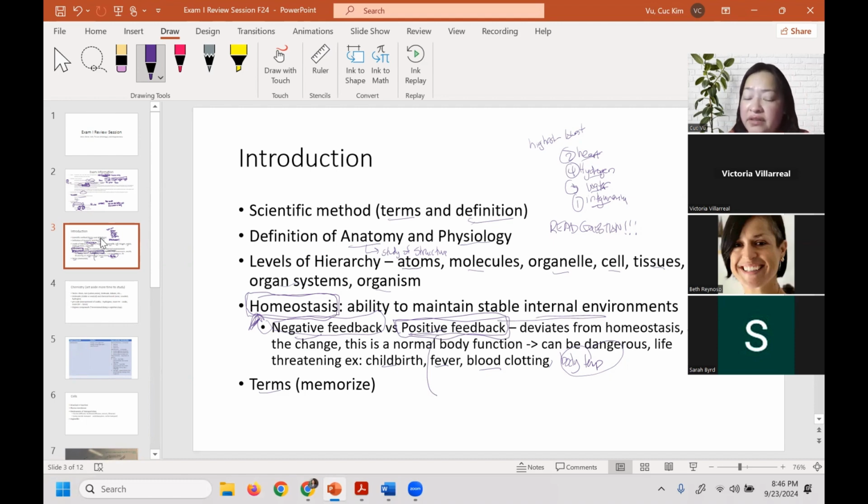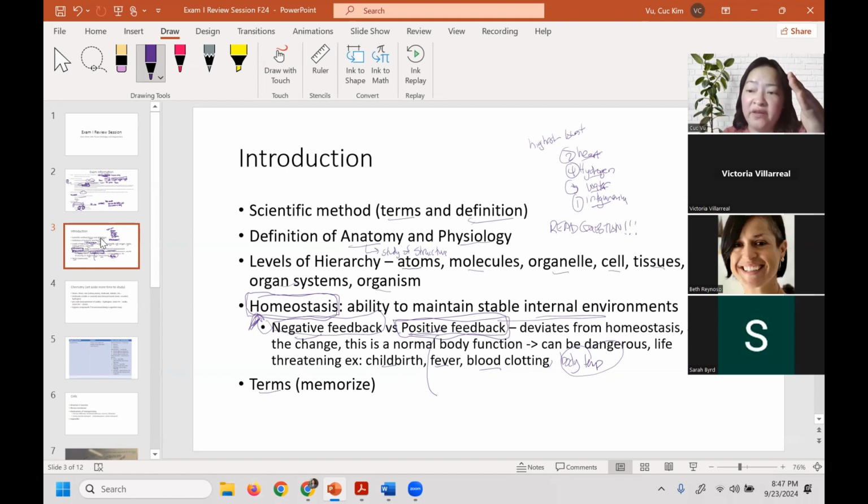Like if you have a fever or if you have an infection, you can't keep body temperature stable, because over time, our bodies have come to realize that when we increase body temperature, it prevents bacteria from growing. And that's why we undergo fever. So fever is a process of the body. It does drive you away from homeostasis, but your body has to go, okay, between these two dangerous situations, what's more dangerous? And it's going to say, okay, having an infection is going to be more dangerous than having a fever.